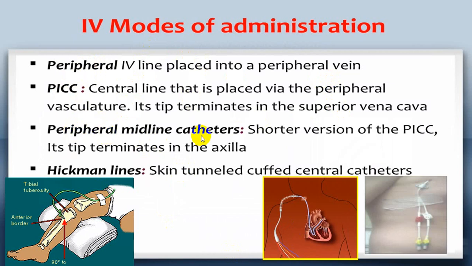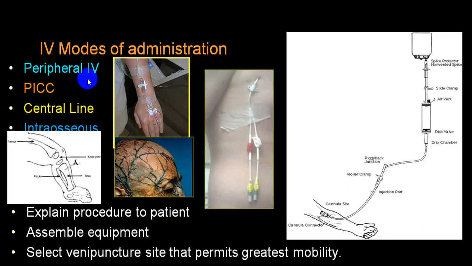There are peripheral midline catheters, there are Hickman lines, etc. And in children, you can use intraosseous. So peripheral, PICC, central line, intraosseous are different modes of giving IV fluids.